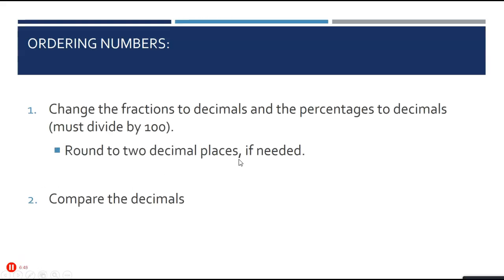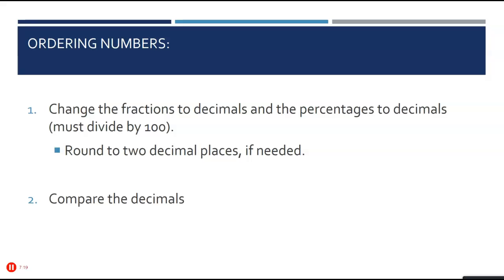Okay, so the second part of what we're going to look at is ordering numbers. We order numbers by transforming fractions to decimals, percentages to decimals. So in order to convert a percent to a decimal, we have to divide by 100.